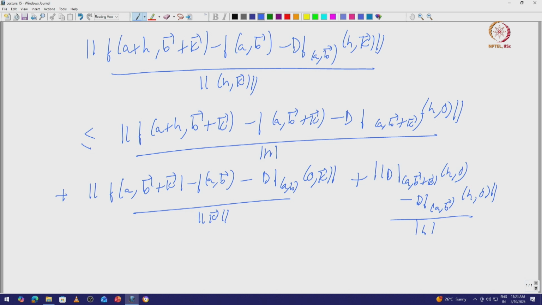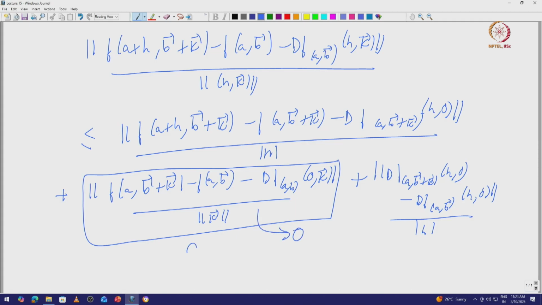Well, first of all, as h comma k goes to 0 and 0, what happens? If you look at this term, as h comma k goes to 0 comma 0, this goes to 0. Why?